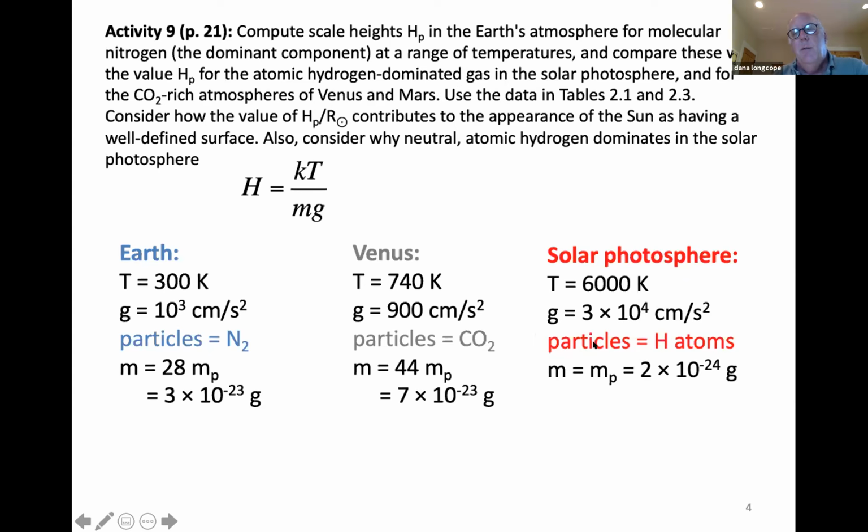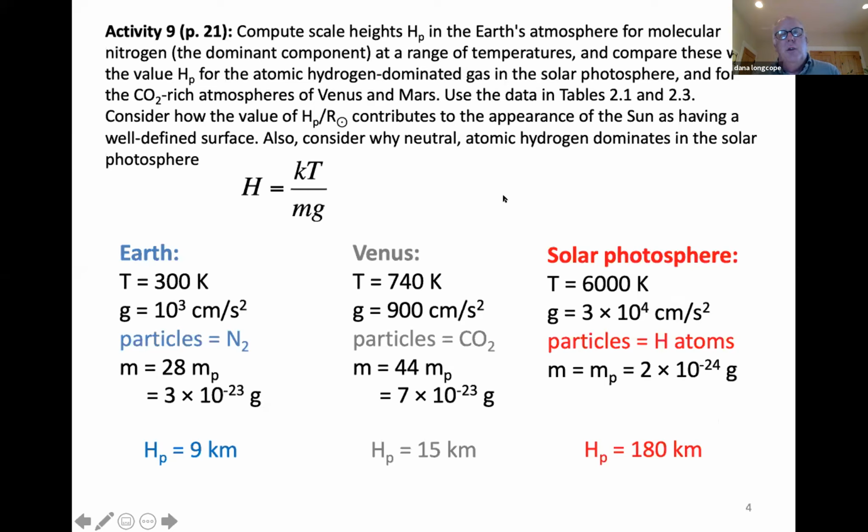Actually, to be really precise, I'd say it's half of this, because every other particle is a hydrogen and every other particle is an electron. But anyway, what we get for the scale height of Earth is 9 kilometers. For Venus, it's 15. And for the photosphere, it's 180 kilometers. So it's a much bigger scale height, but of course the Sun is a much bigger place.